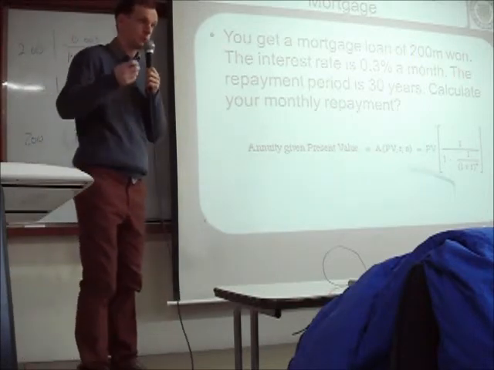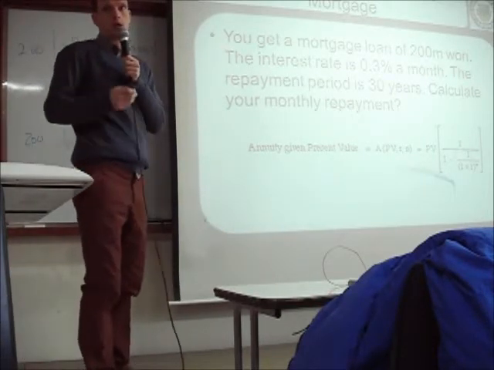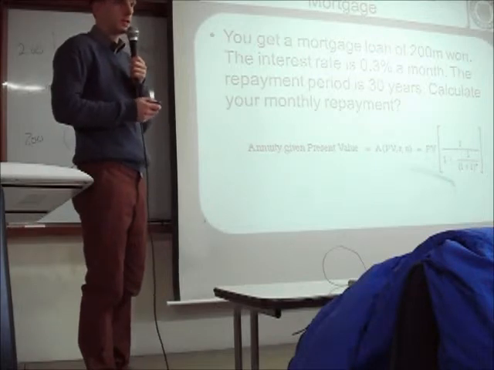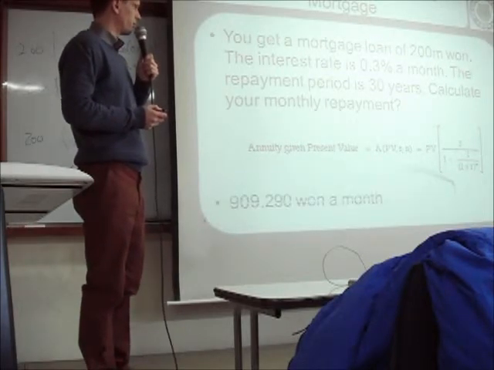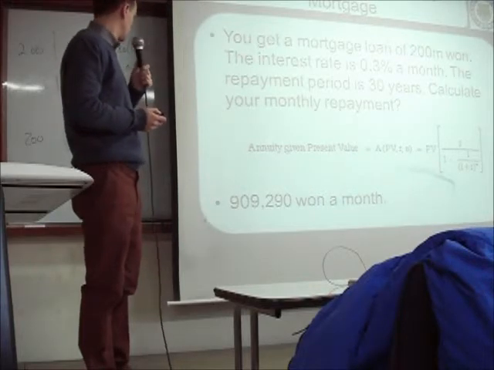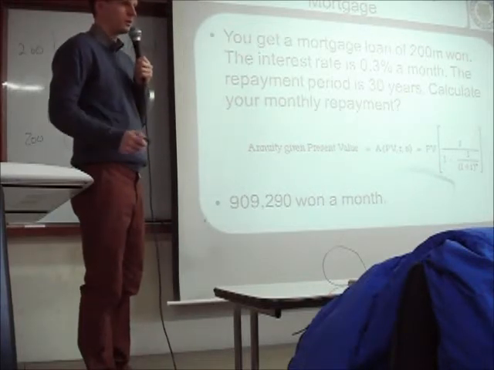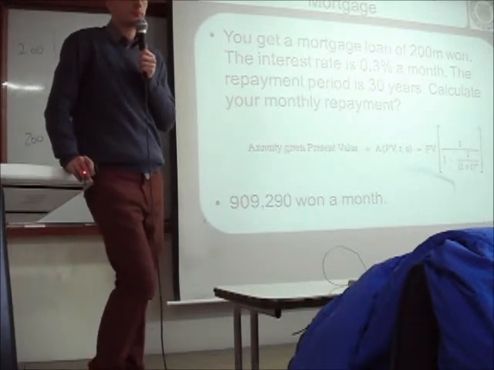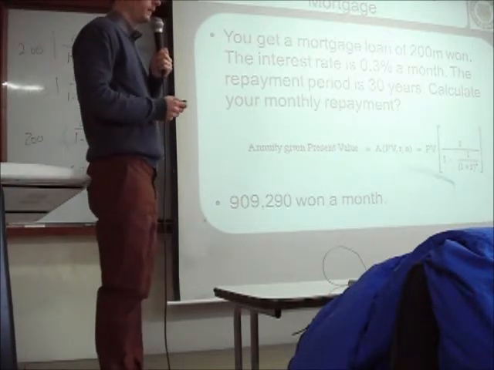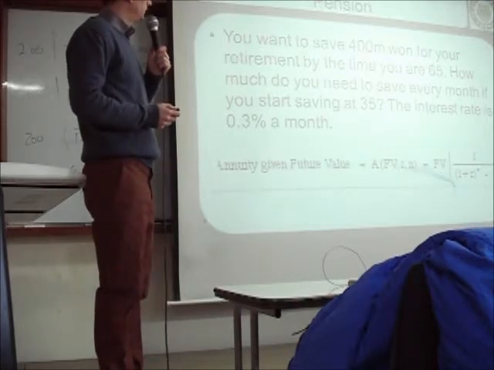If we're in the bank, we're giving a mortgage to somebody, we need to be able to tell them how much they need to pay back every month. Okay? Does anybody have any questions about that? No? Okay.